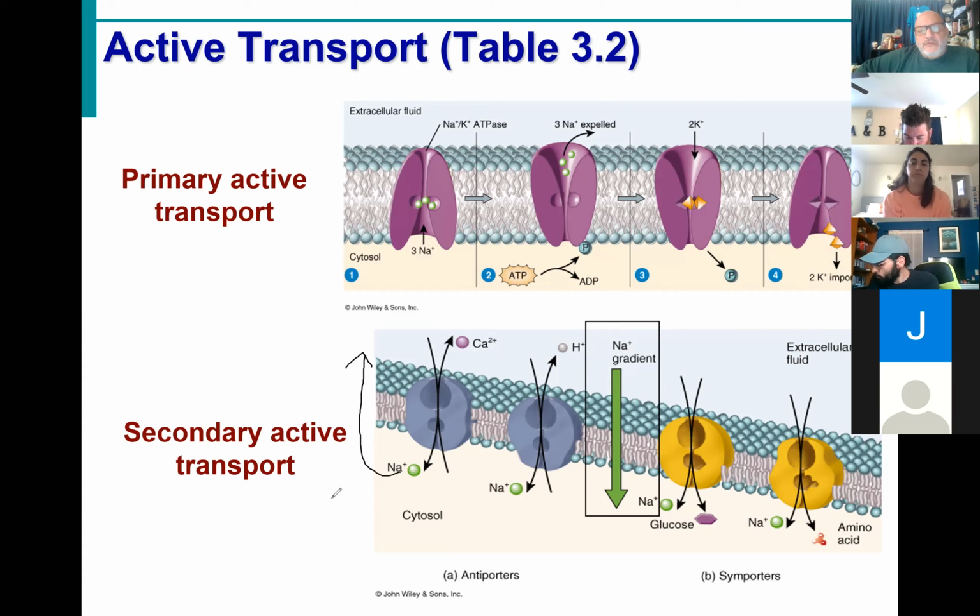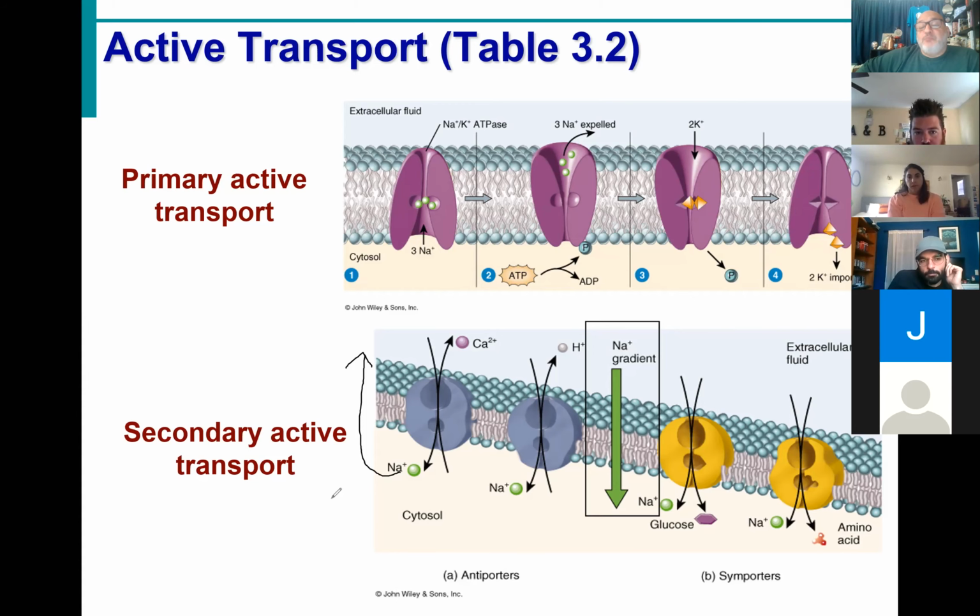All right. Questions on that? And these are all the integral proteins. Yes, and more specifically, notice transmembrane integral proteins, because they have to go through both layers of the plasma membrane if they're going to bring something in or kick something out. So yes, all of these are integral.